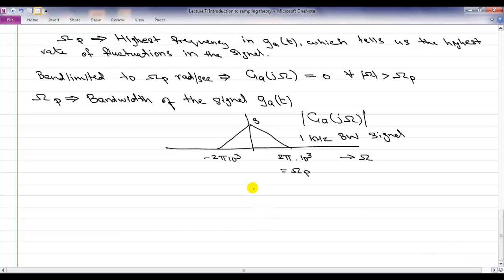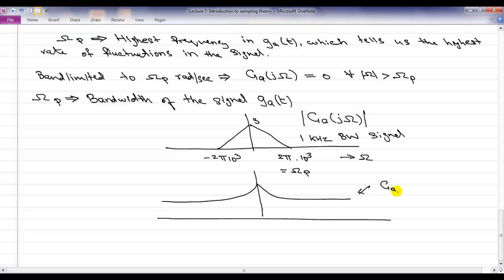On the other hand, if I had a signal whose Fourier transform looked like this, then this is not a band limited signal. We assume that it's continuing. Maybe it hits 0, but it never stays 0.